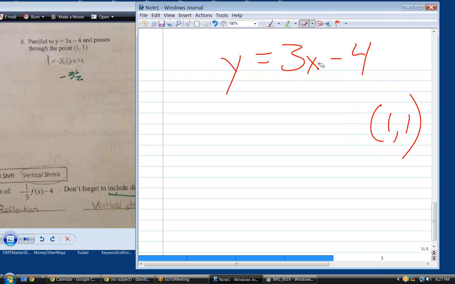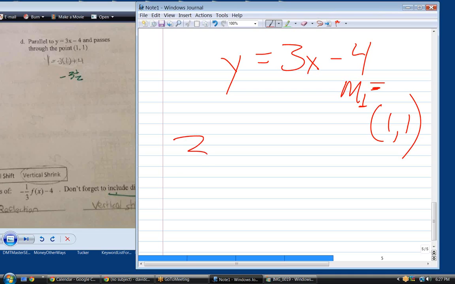The only other way they might do it is they might say, give me the equation of a line that is perpendicular to this line and goes through this point. Well, the line they're talking about would have a slope of what? If it's perpendicular, what's the perpendicular line slope equal to? That's when it cuts through. So the negative reciprocal.